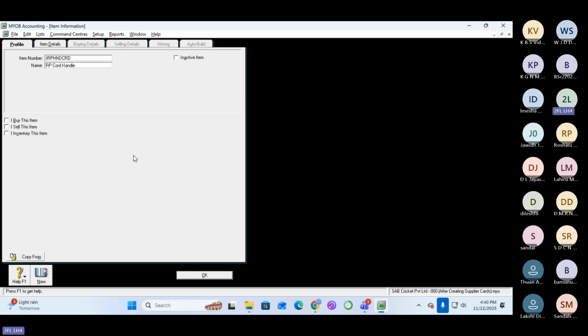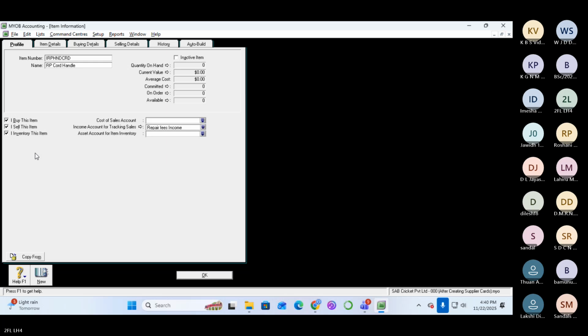And now we know I buy this item. Because these are physical items, right? The tangible items. So I buy this item, I sell this item, and I have to inventory this item. All three. When I buy them, I have to inventory until that is used. Therefore, all three will have to be filled.